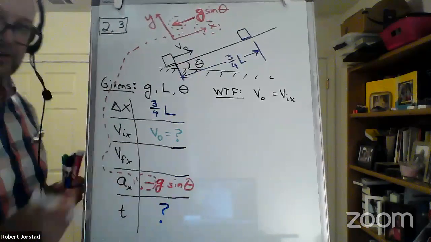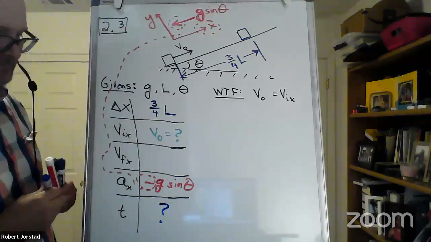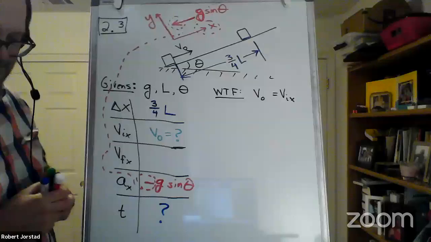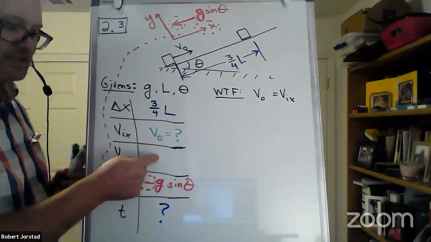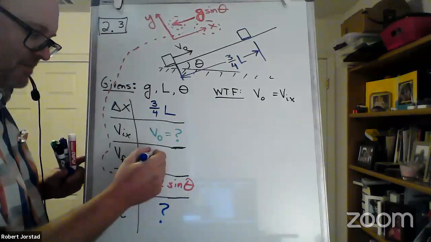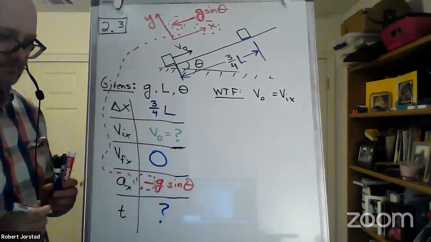And then do you guys know what V final X is? 0. Yeah, this is tricky. Remember I said usually you know 3 things? We know 2 of them. How did you know this was 0? What were the key words that maybe made you think of it? It slides 3/4 of the way to the top before coming to a rest. Yes.